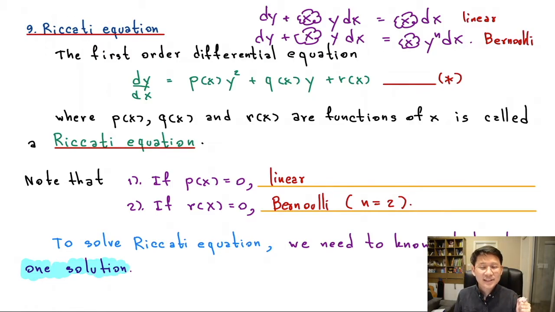Makes sense? Because for some other methods, they only give you the ODE, or they can give you the initial condition. But here they will give you one solution, so you'll be able to differentiate between the other methods and the Riccati.